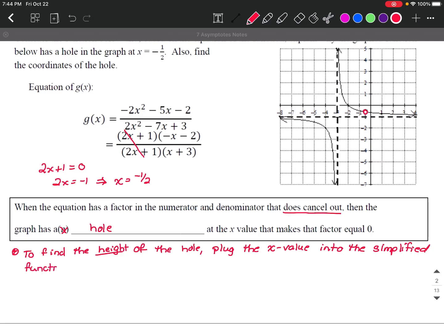For this particular function, once we simplified it, we are left with -x minus 2 over x plus 3.